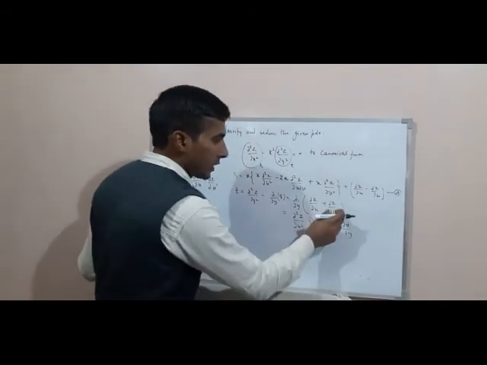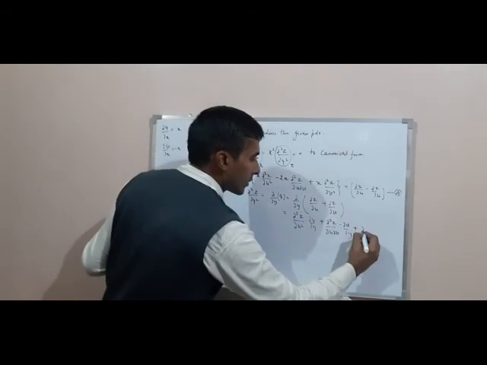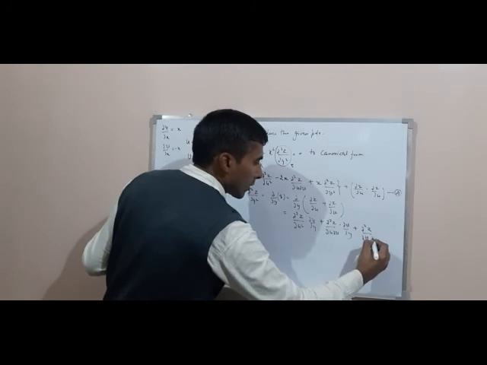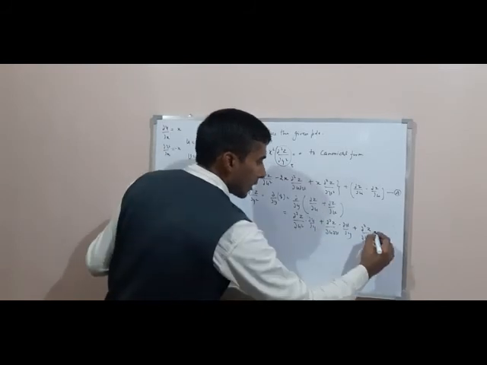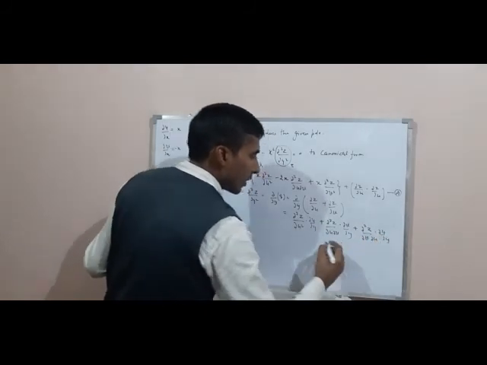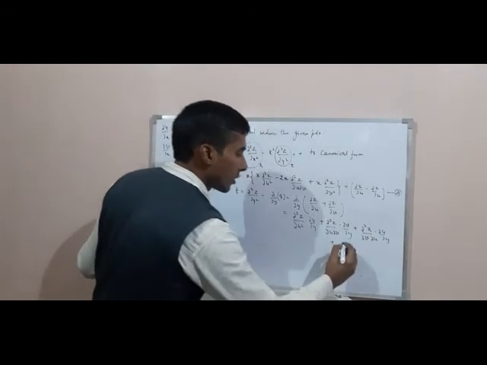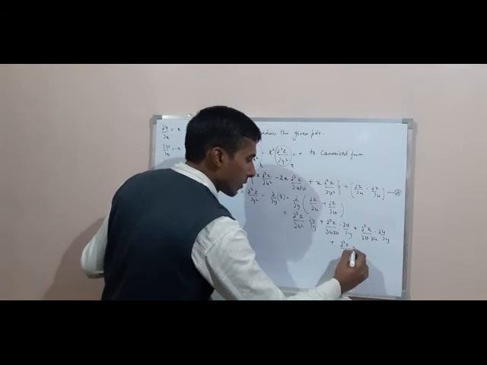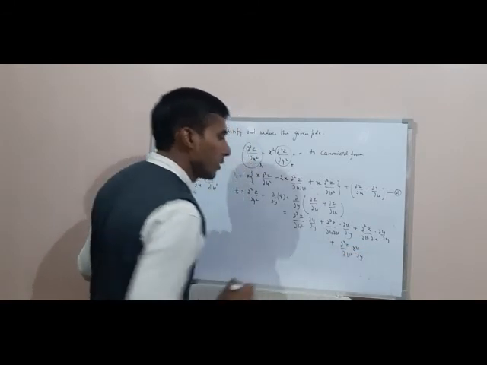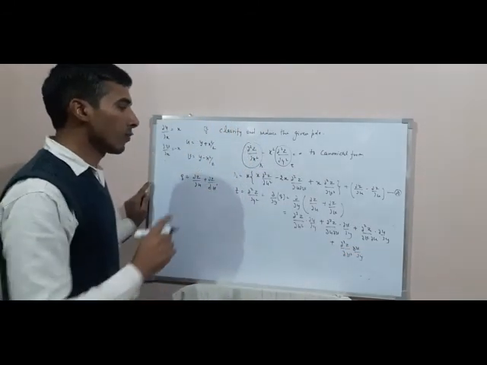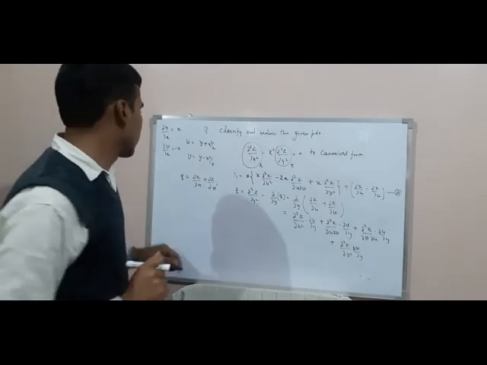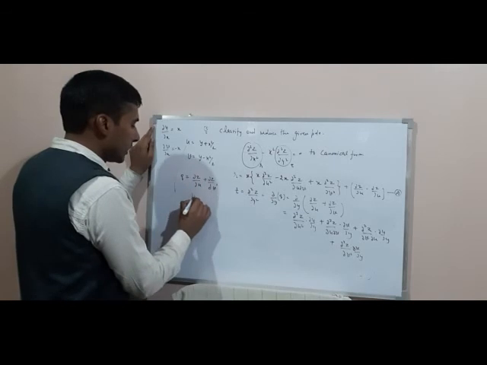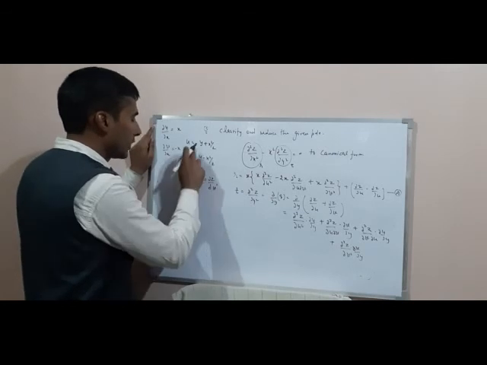Now differentiate the next term. It can be written as ∂²z/∂v∂u and ∂u/∂y, and the last term is ∂²z/∂v², ∂v/∂y. Now from this what we will get? Here ∂u/∂y, what will it be?